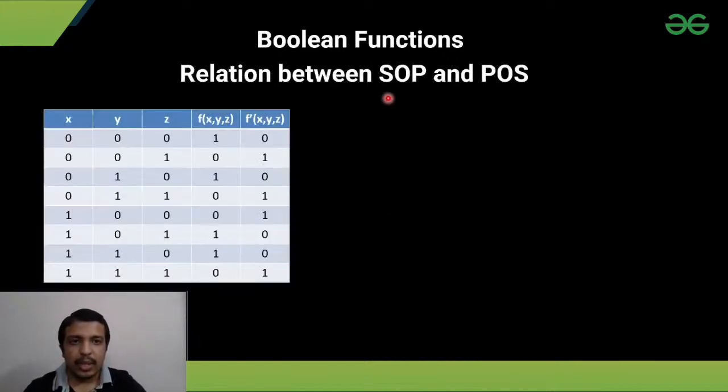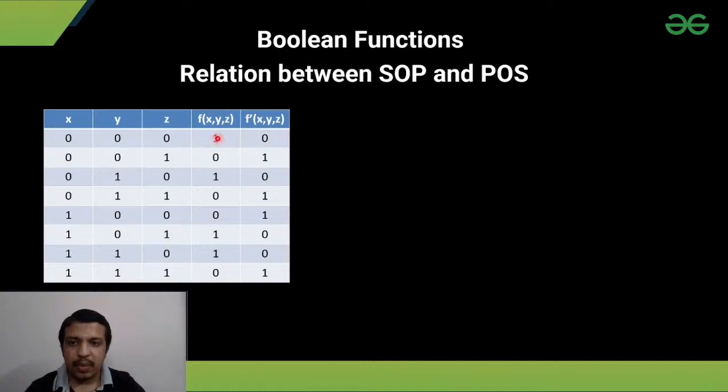Now you may wonder how we got this product of sum form, which is not very obvious, and why we are choosing zeros and not the ones like we did in the sum of product form. So what happens is, suppose first we take the complement of the original function.